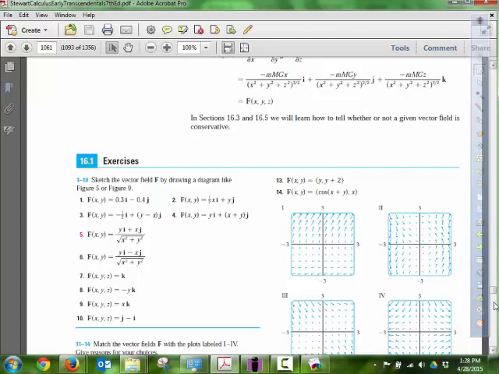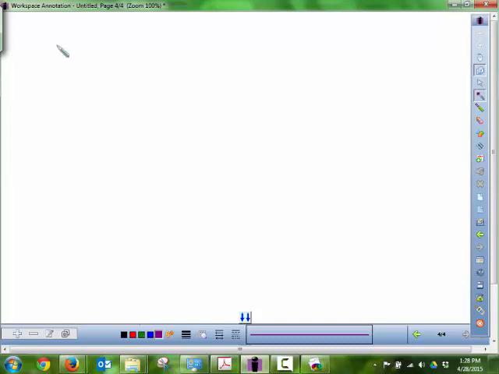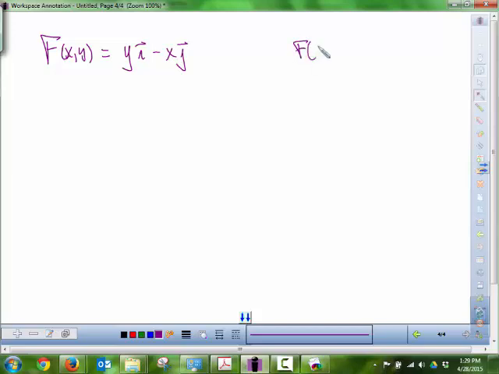All right, let's just see if I can make one up. All right, let's hope one of these is a vector field and one is not.